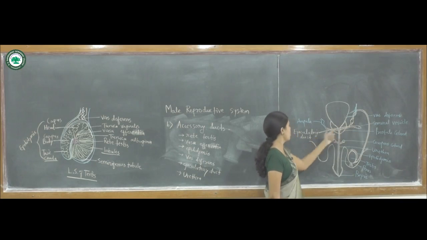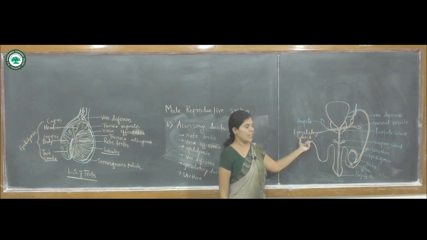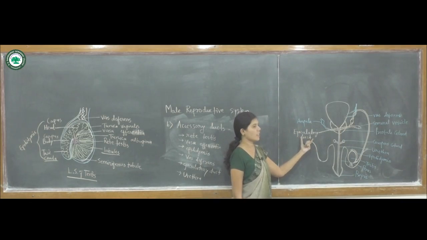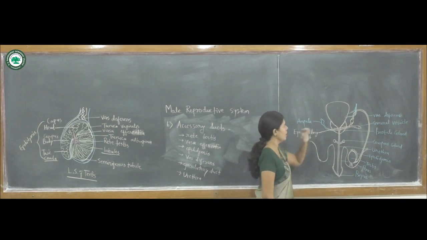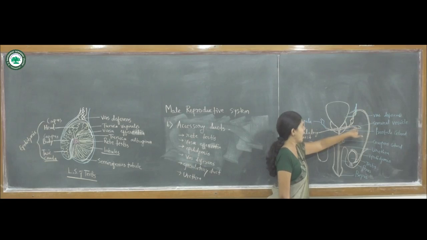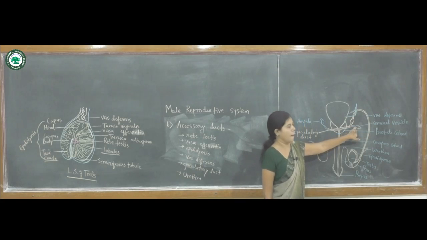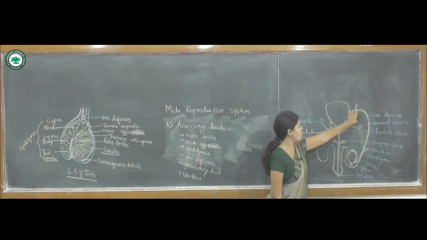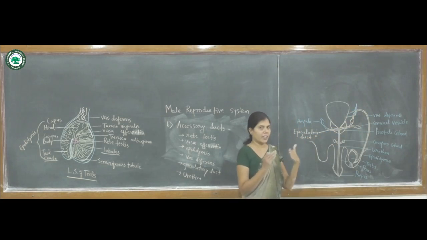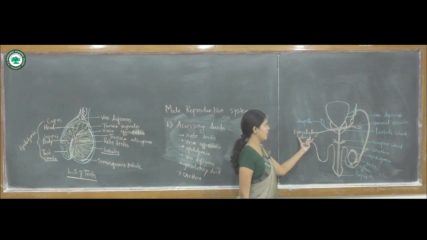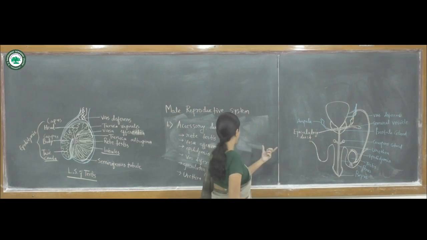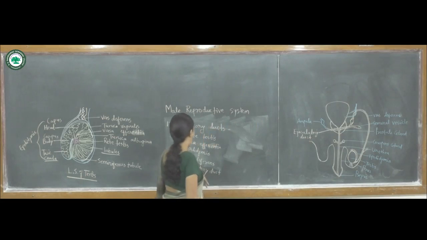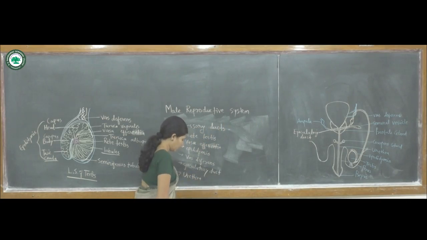That point is known as the ejaculatory duct. The ejaculatory duct is connected between the vas deferens and the seminal vesicle. Means the seminal vesicle and vas deferens are interconnected at the ejaculatory duct, which is also an accessory duct of the male reproductive system.